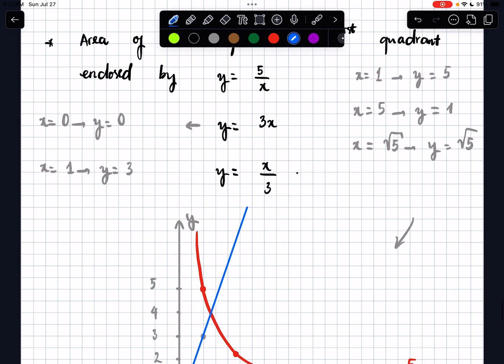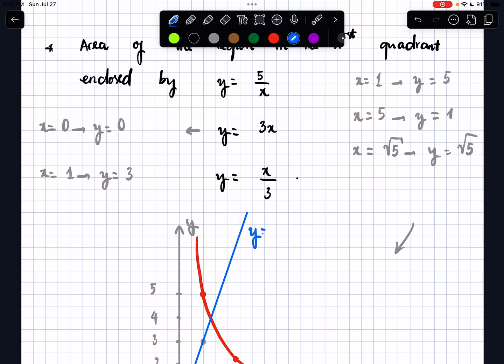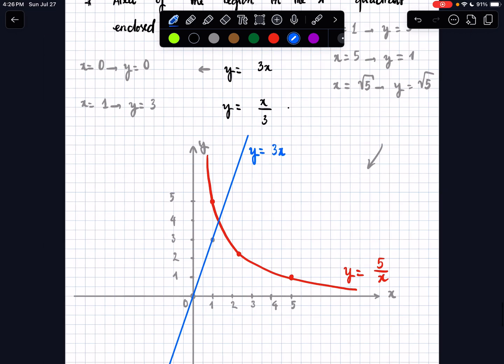So this is the line y equal to 3 times x, and the last one is y equal to x divided by 3. So x equals 0, y also equals 0. So the origin is also on this line. And the second one is, say, x equal to 3, y equal to 1.